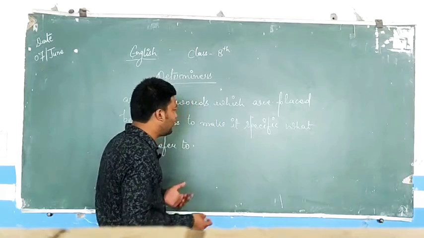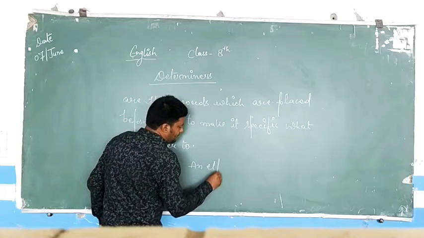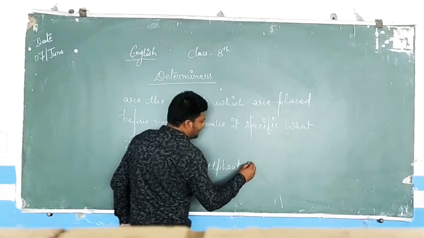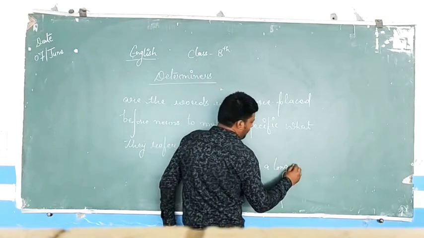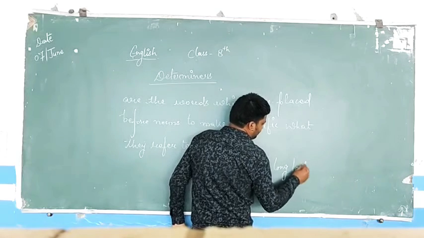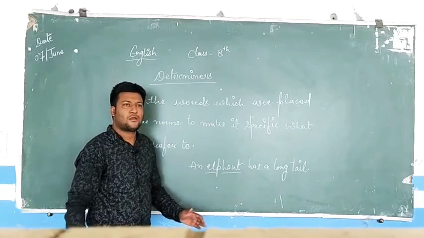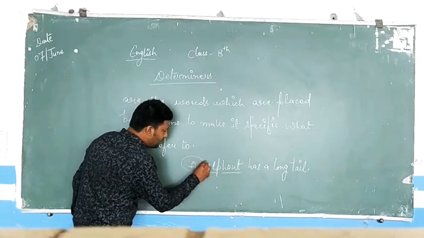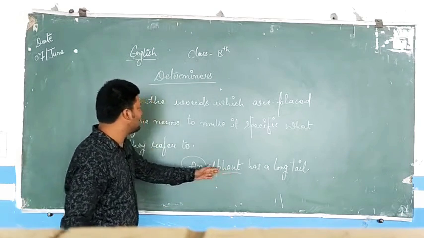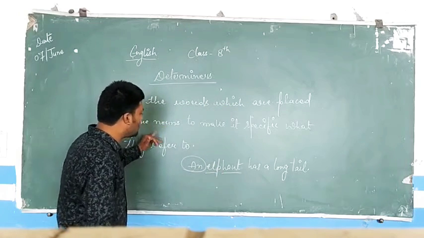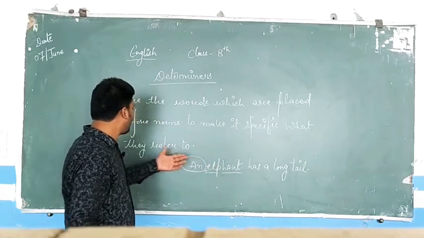For example, if I write, an elephant has a long tail. Here the noun is elephant and I use this determiner an, which introduces my noun elephant. So it is placed before nouns, not after, to make it specific what they refer to.